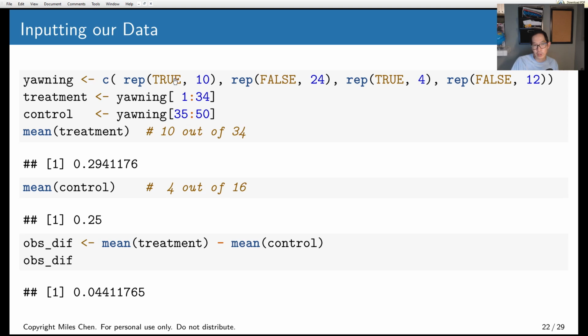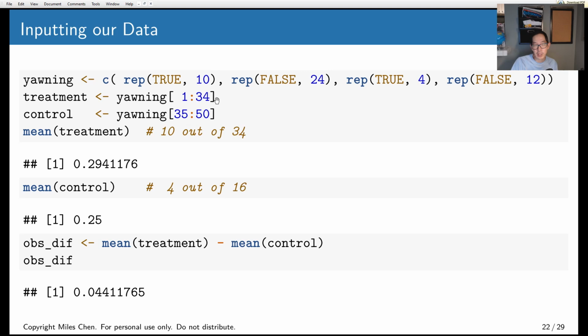In the treatment group, I had 34 people, 10 of them yawned, 24 did not. So I'm repeating true 10 times, false 24 times. In the control group, I had 16 people, 4 of them yawned, 12 did not. So I'm going to repeat true 4 times and false 12 times.